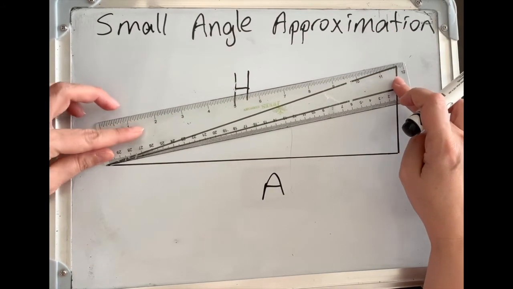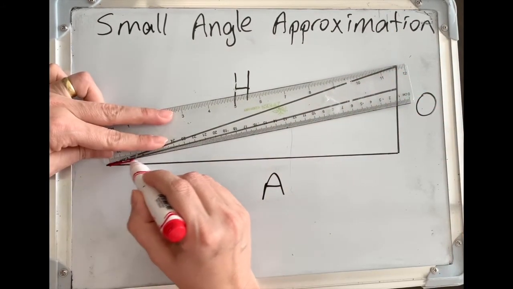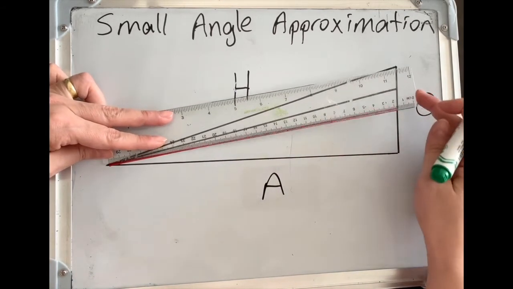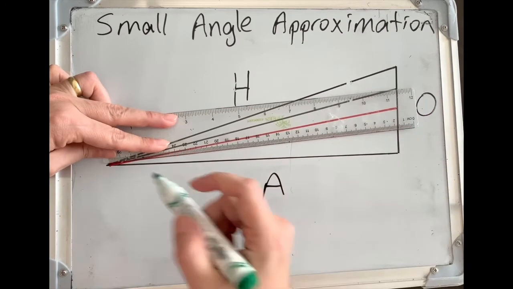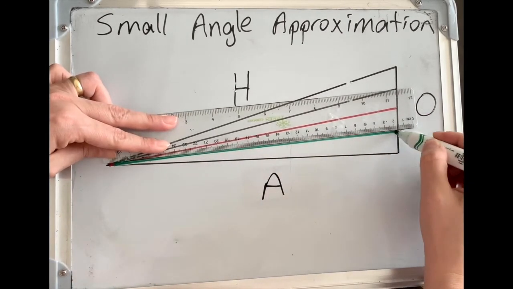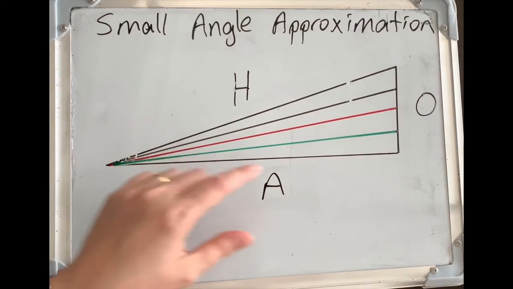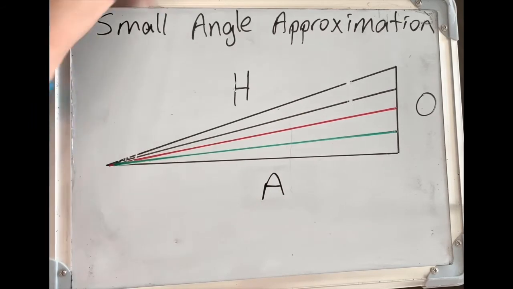Let's go even smaller. Even smaller. So you should see that as the angle gets smaller, the opposite side gets smaller and smaller.